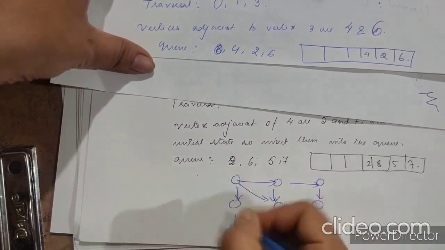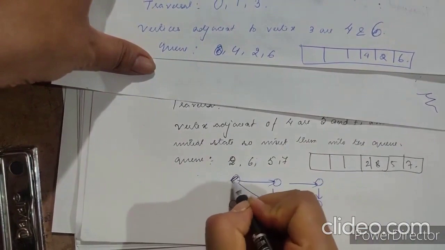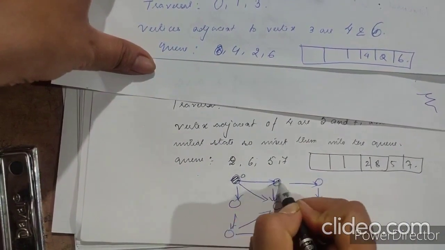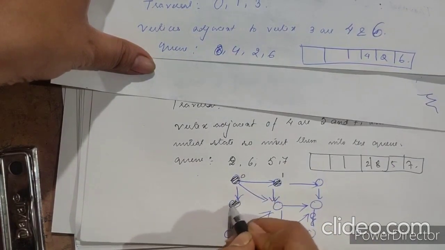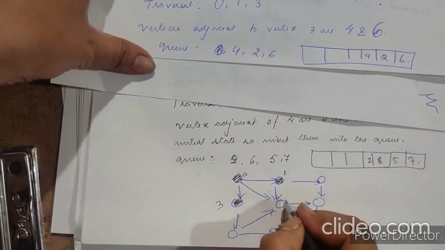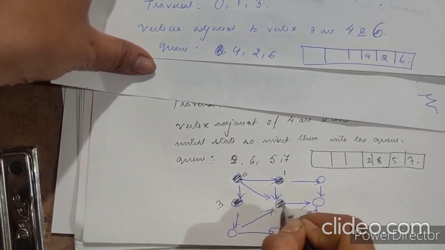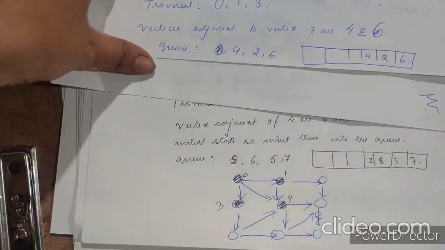So 0 will be highlighted with black. This is also 1, and 3 is this one, so 3 will be highlighted. 4 is removed, so 4 is also highlighted. What about 2?